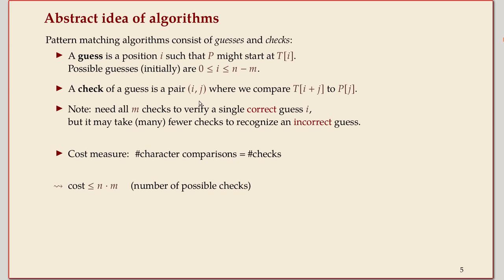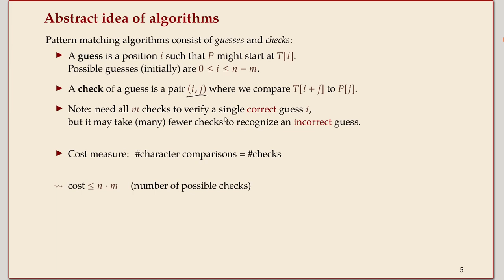So, well, okay, don't get too obsessed with the formal notation. It'll be natural enough in the specific algorithms. But when I say guess, it means a position in the text that we currently think might be an occurrence of the pattern. And then the next steps will try to check whether or not that's true.